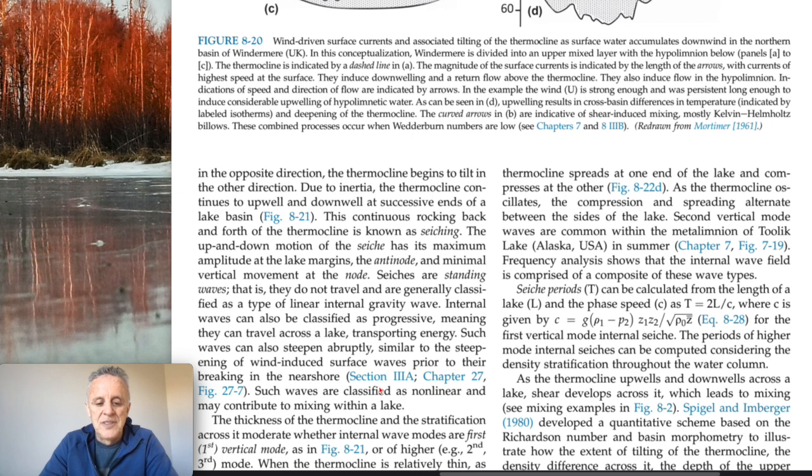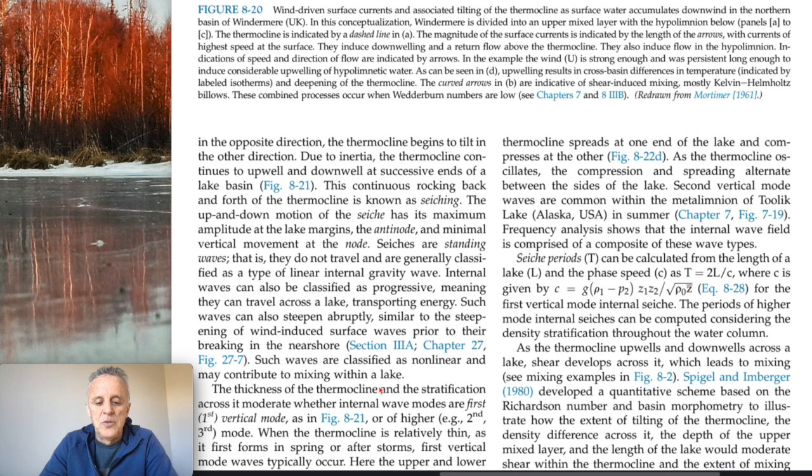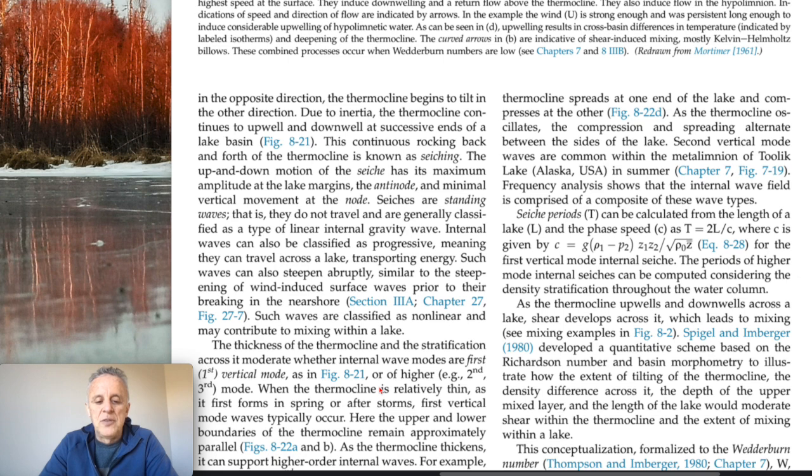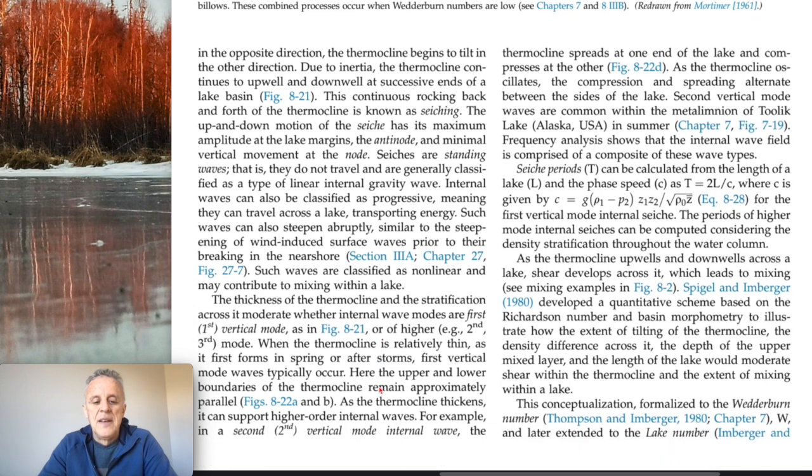Such waves can also steepen abruptly, similar to the steepening of wind-induced surface waves prior to their breaking in the nearshore. Such waves are classified as nonlinear and may contribute to mixing within a lake. The thickness of the thermocline and the stratification across it moderates whether internal wave modes are first vertical mode, or higher degree second or third mode.